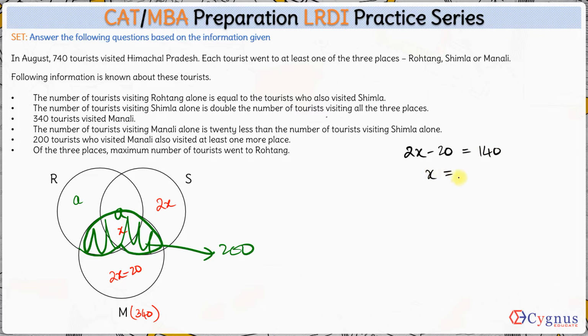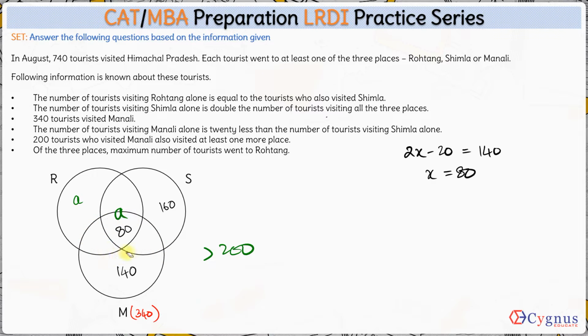So if you solve, 2x is 160, x comes out to be 80. The value of x comes out to be 80. So if this is 80, this will be 160, and this will be 160 minus 20, 140. This will be 140 over here. And we know this region altogether is 200.